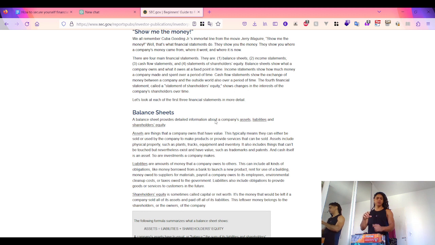Alphabet, which is Google's parent company, invests in many technology companies, such as Calico for health and longevity, and it does that through its venture capital arm.